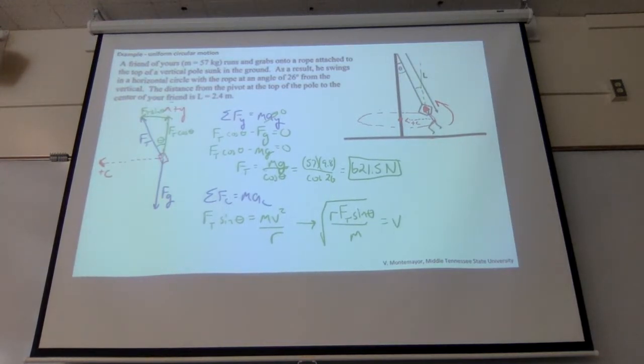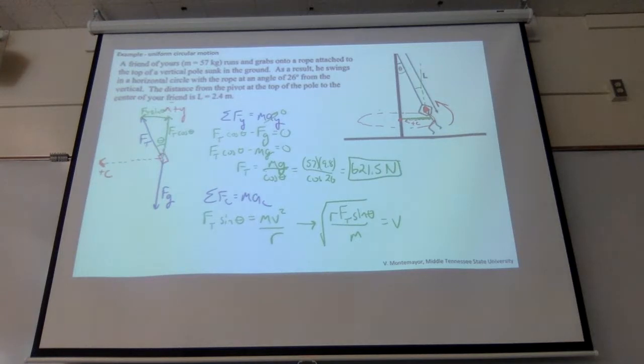What's r? Where's the radius in my diagram? The portion there. From the pole to the person, right? Right here is the radius of the circle. Okay? So let's quickly find that because it wasn't given.